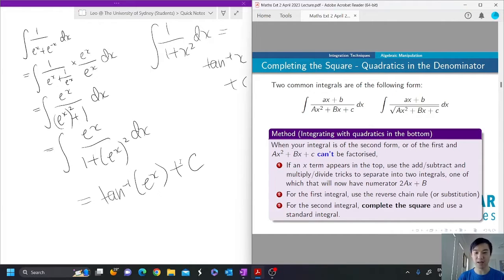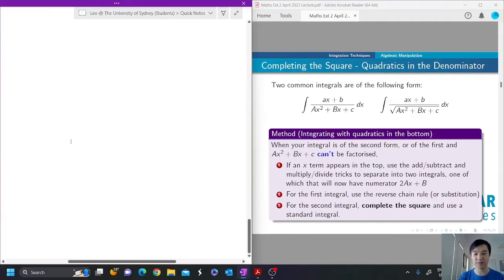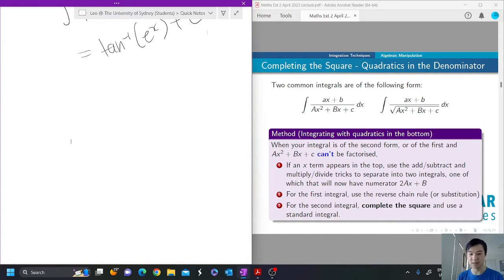Another technique that you might use in algebraic manipulation is completing the square. This is a cool technique you can use when there are quadratics in the denominator. You might have an integral where there's a quadratic with a function on the top, and you might have the quadratic within a square root.